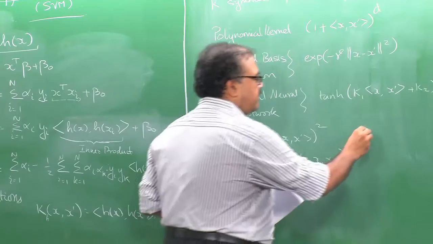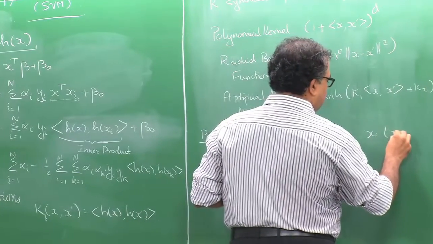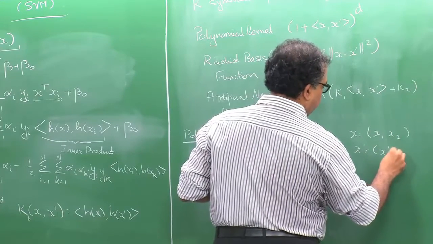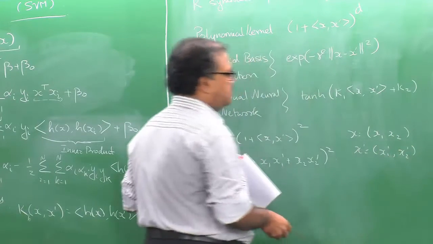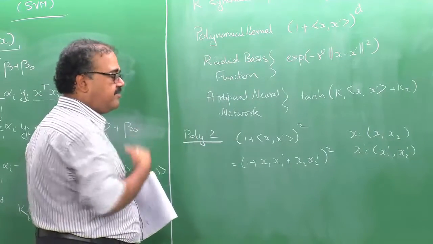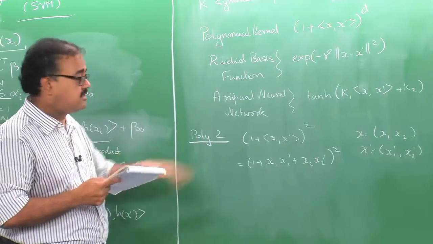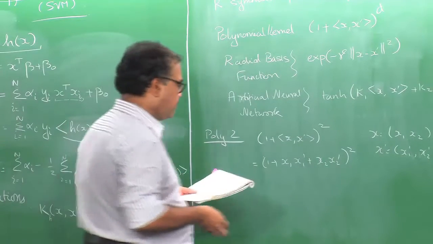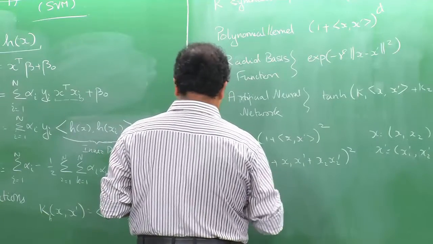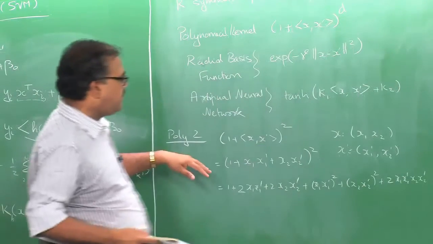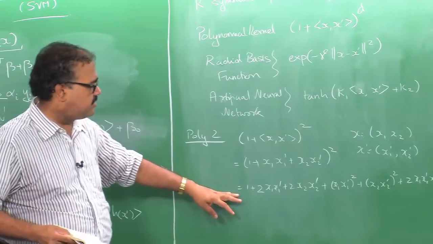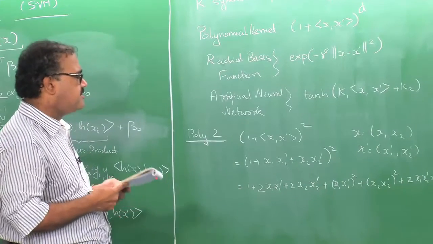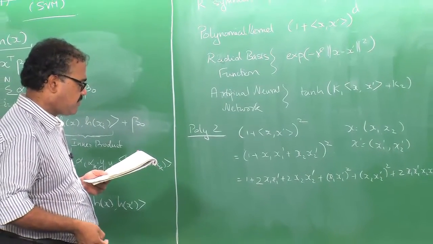I am assuming that the vector x consists of x1, x2 and x prime consists of x1 prime, x2 prime. So, these are 2-dimensional vectors on which I am defining a 2-dimensional polynomial kernel. The dimensionality of the kernel does not necessarily have to match the dimensionality of the underlying space, but in this case I am assuming it does. If I take the square of this, I essentially end up with an expression that has 6 components to it.